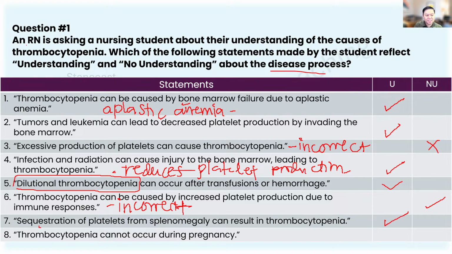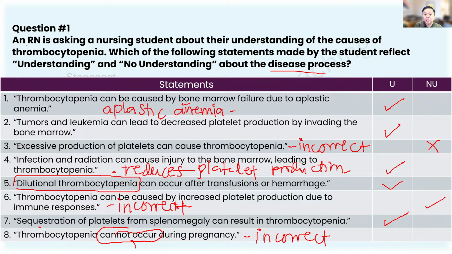Number 8: thrombocytopenia cannot occur during pregnancy. Is that correct or incorrect? Well, that is incorrect. It can happen during pregnancy. That makes the statement false.